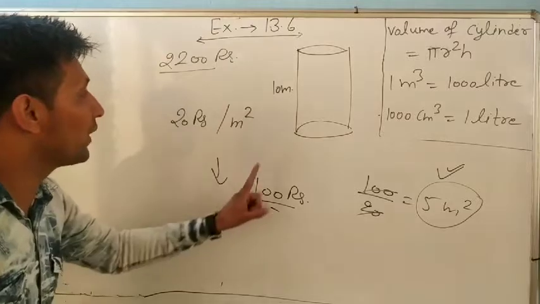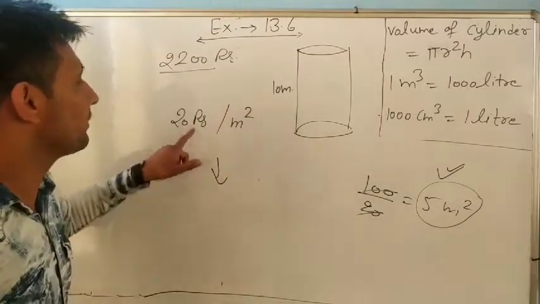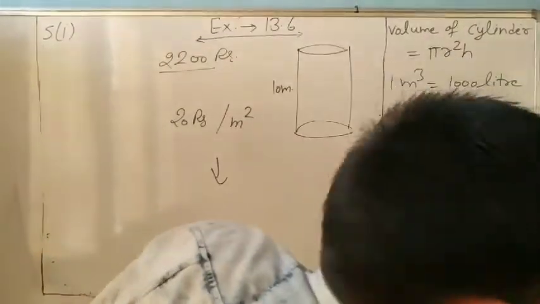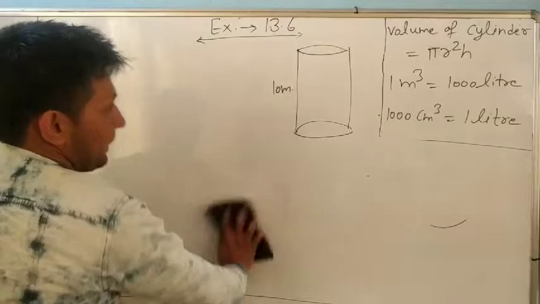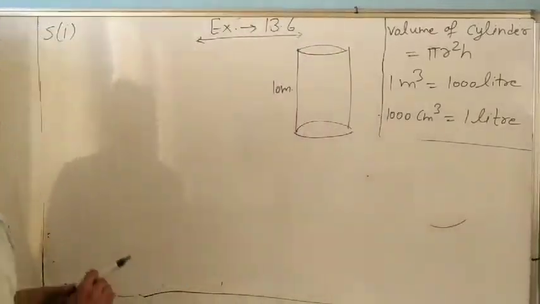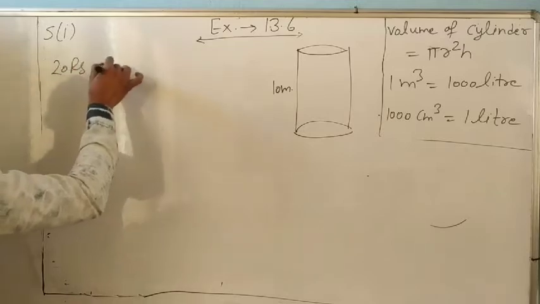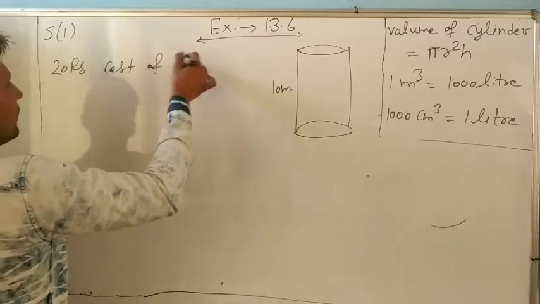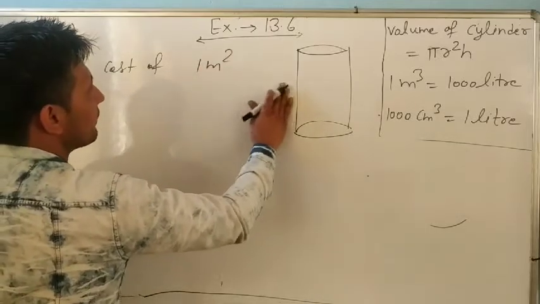So if you want to find the curved surface area of this one, 2,200 divided by 20 rupees, like this you can find. How will you find? Look, you will find what is given in the question. 20 rupees is the cost of 1 meter square. It is given in the question.